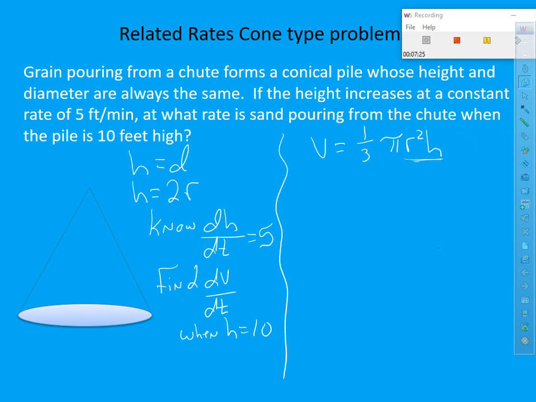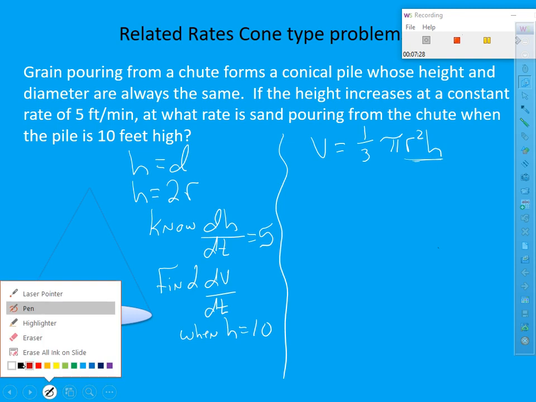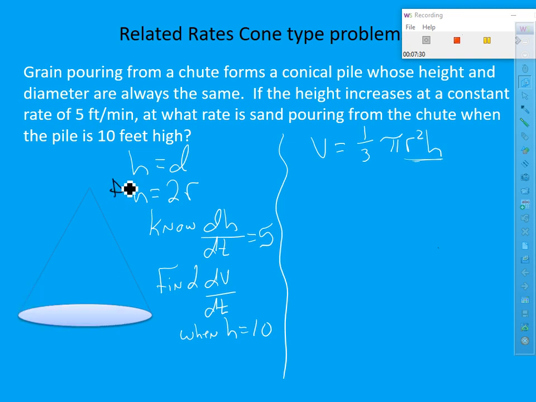So what I'm going to do is come back over to my relationship formula, this one right here that gives me a relationship between the height and the radius. And I'm going to solve this formula for R. So I'm going to have R equal 1/2 H. Now guys, the reason I solve for R, I'm going to take this information and plug it in right there.